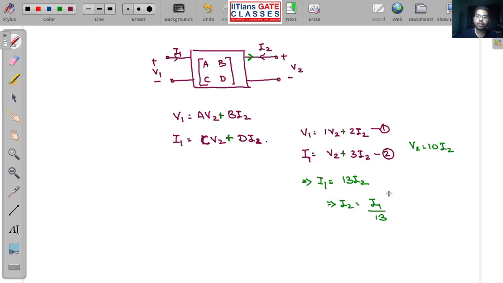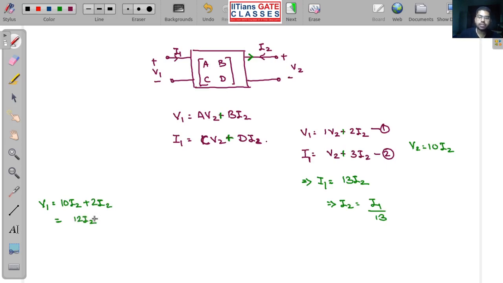Now I am going to substitute the value of I2 and V2 in this equation. So V1 is equal to V2, so V2 is equal to 10 I2, plus 2 I2. So this will be equal to 12 I2.